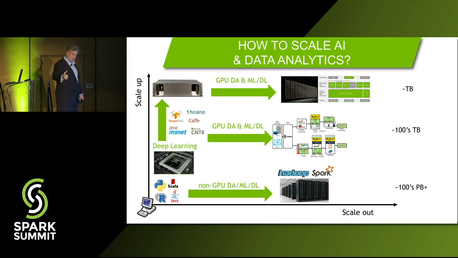You can do data analytics, you can do machine learning, and now you can do GPU-accelerated deep learning either in Spark or in a scaled system like this. So there's a lot of options, and GPUs are revolutionizing machine learning, deep learning, and data analytics.